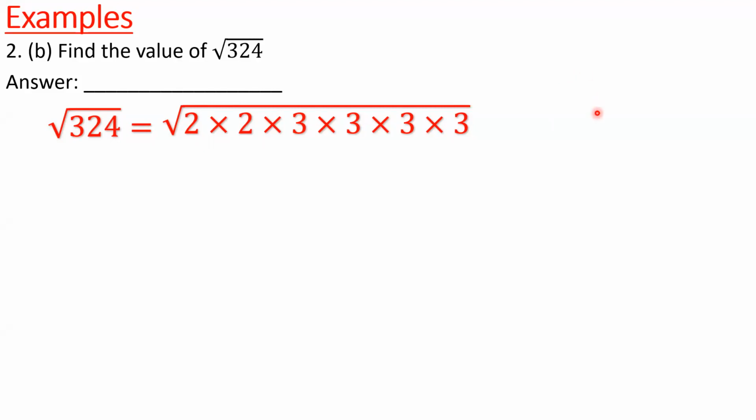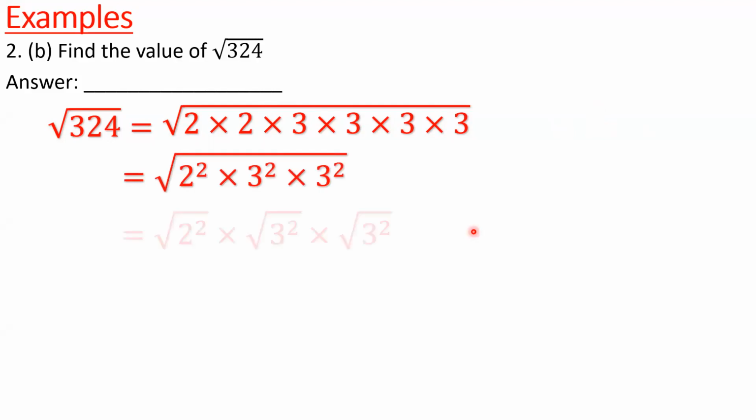2 squared times 3 squared times 3 squared. Then you cancel the square root and the exponent, the square root and the square from all the numbers, all the squares.